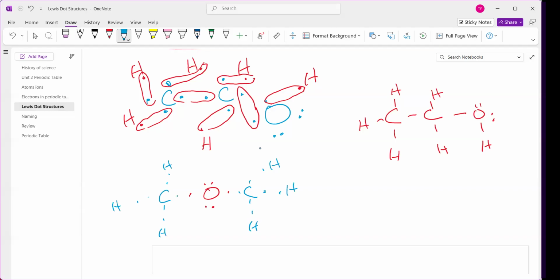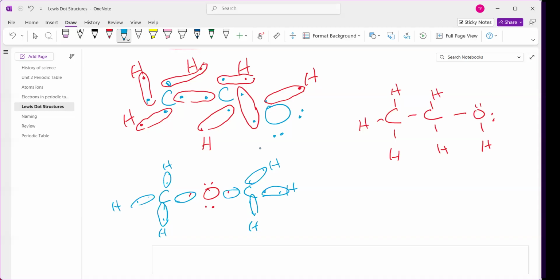Okay, so let's start doing some bonding here. Okay, are there any singletons left over? No. So carbon's got 4 bonds on the left and the right. Oxygen's got 2 in the middle.